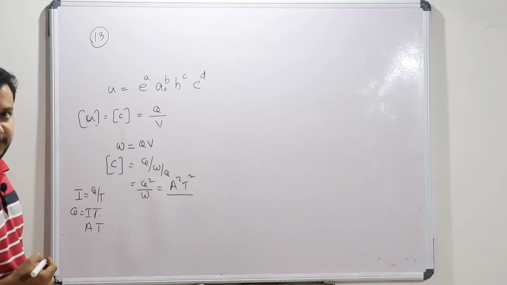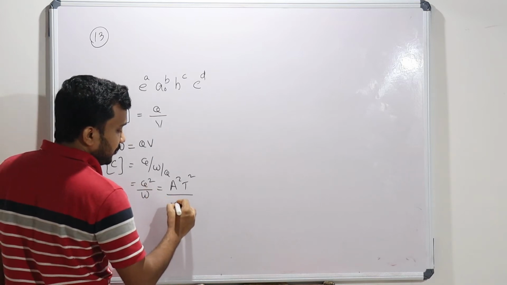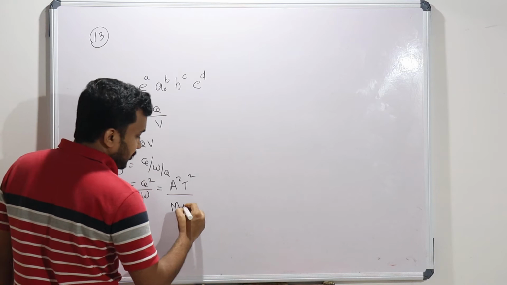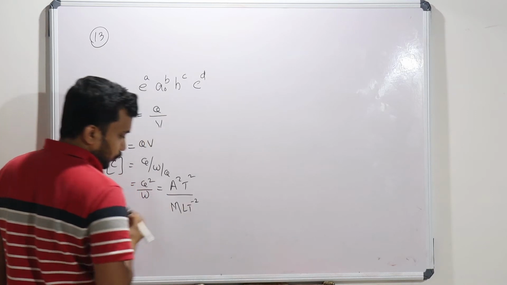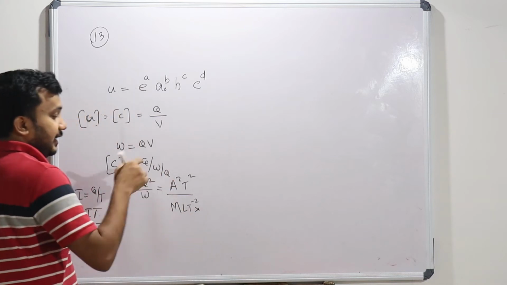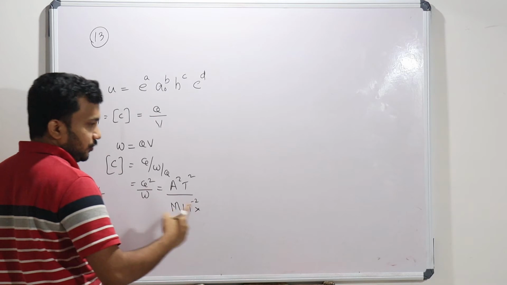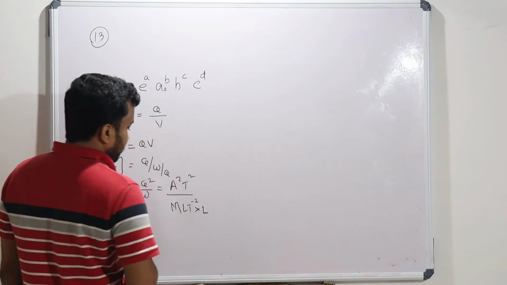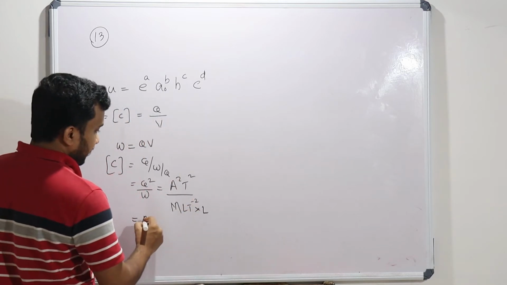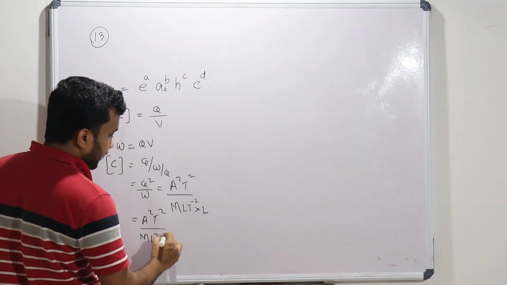The dimension formula of energy is force into distance. Force is mass into acceleration, M L T raised to minus 2. Multiplied by displacement, which is L. Once we simplify this, we get A square T square divided by M L square T power minus 2.